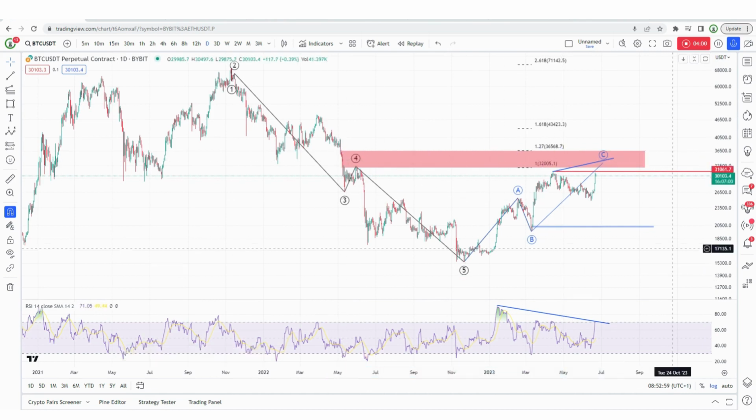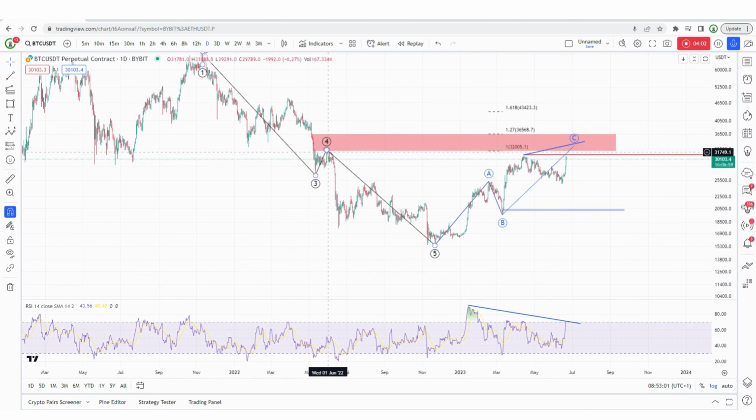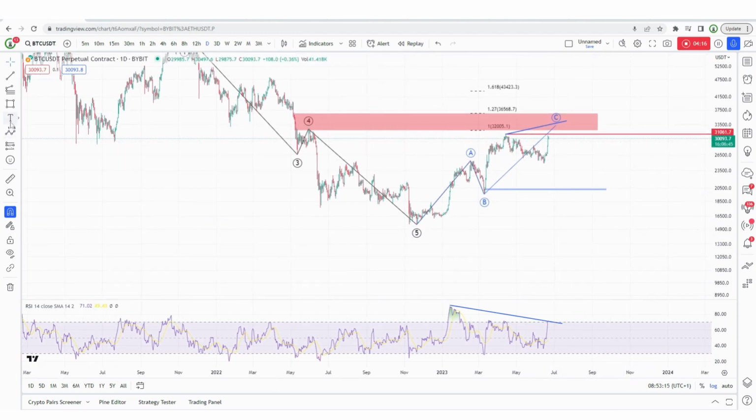So if that is the case, then this could be the top, or we come up into this box no higher than 36,570 or 600, whatever, before we continue down, and then that would be our 7th leg.